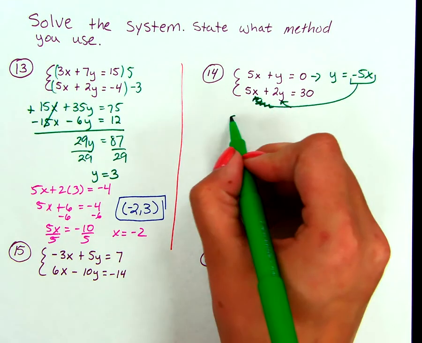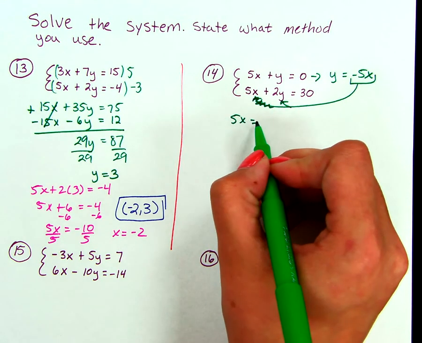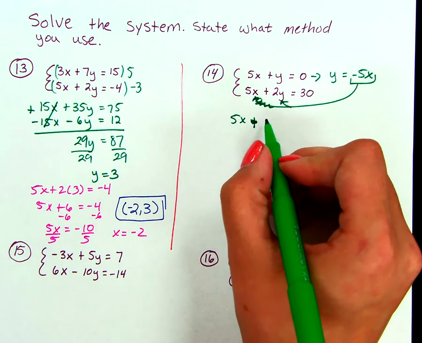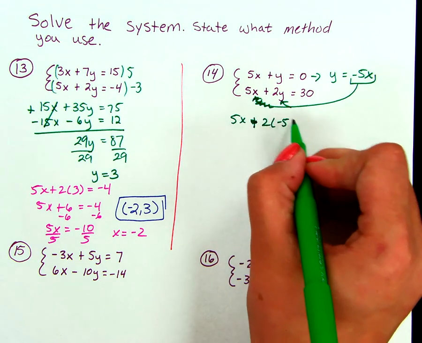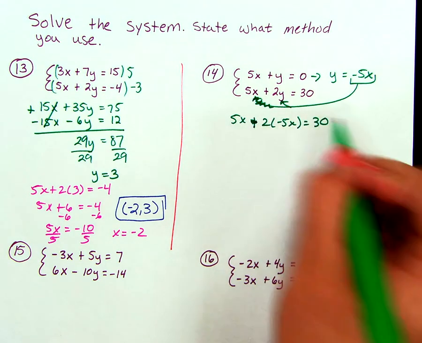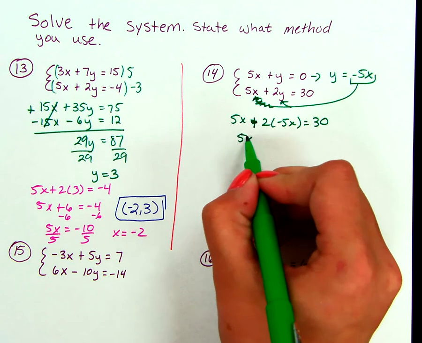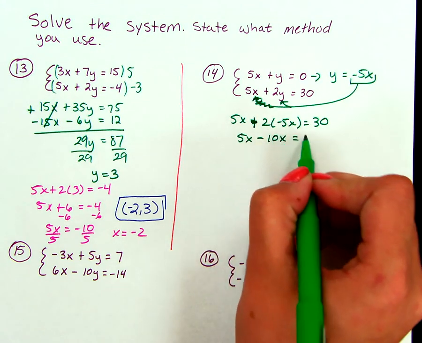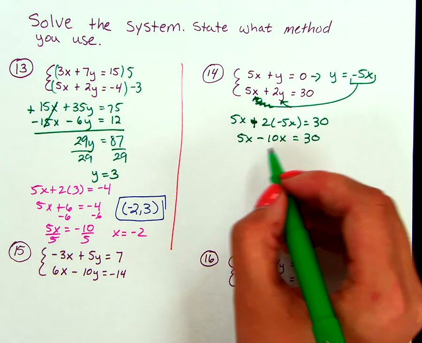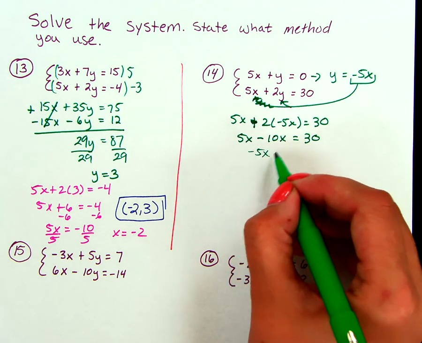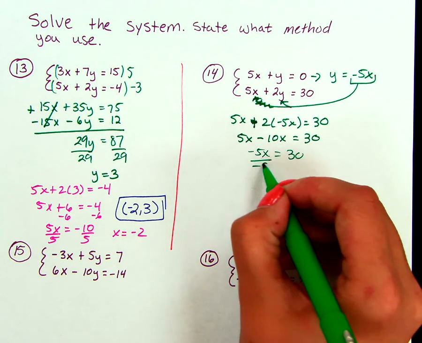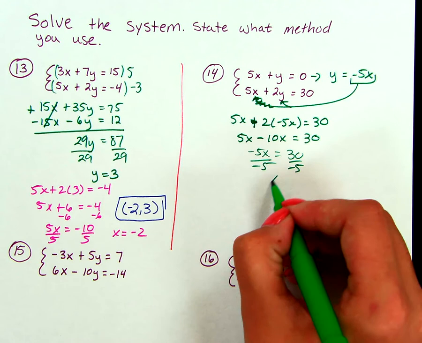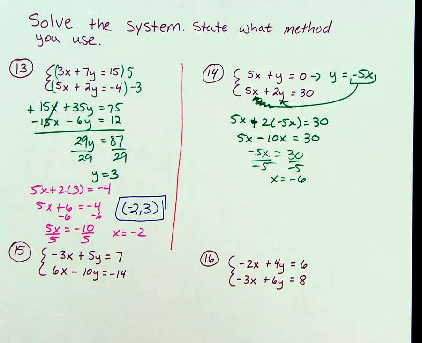Okay, so 5x plus 2 times -5x equals 30. So 5x, and then that'll be minus 10x equals 30. Combine our like terms. So -5x equals 30. Divide by -5, x equals -6.